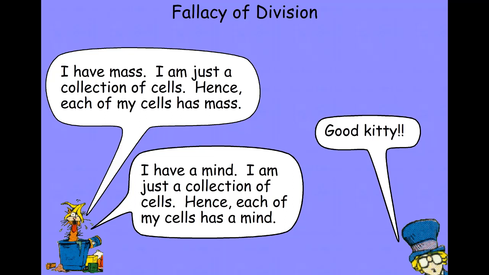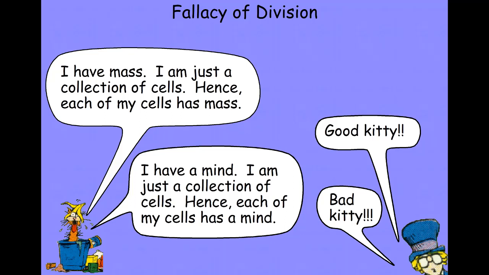So, your toenails aren't likely candidates for mentality just because they are cells in your body. That doesn't mean that if you smash your toe, you're killing sentient beings and so on. So, fallacy of division, an illicit transference from a property had by a whole or a composite or a collective to each of the individual elements or members of that whole, composite, or collective.